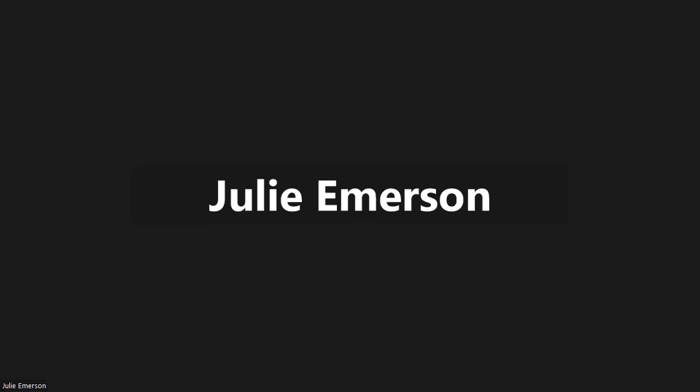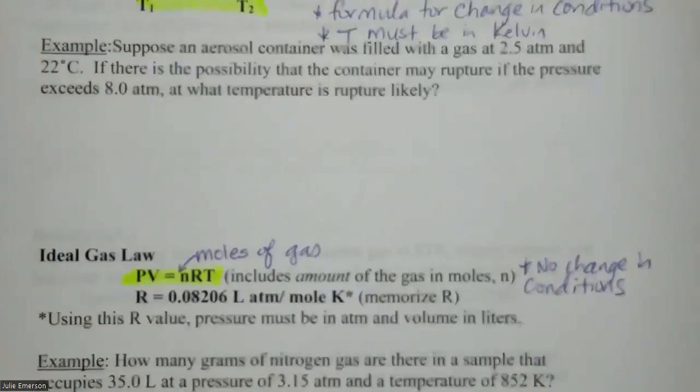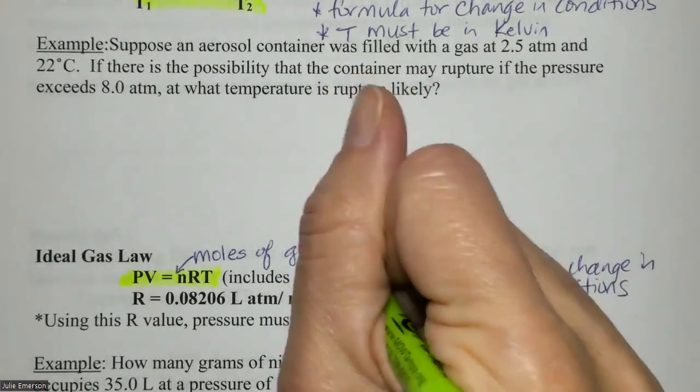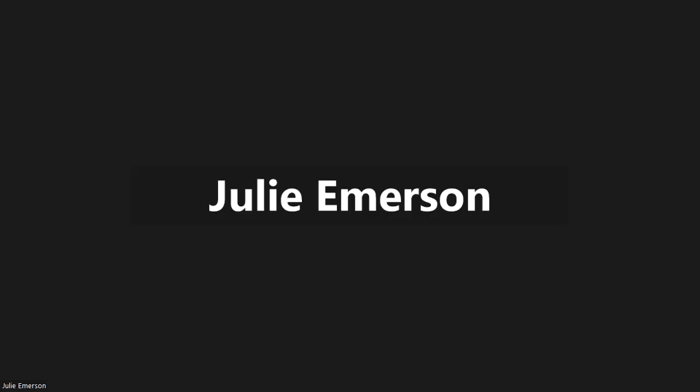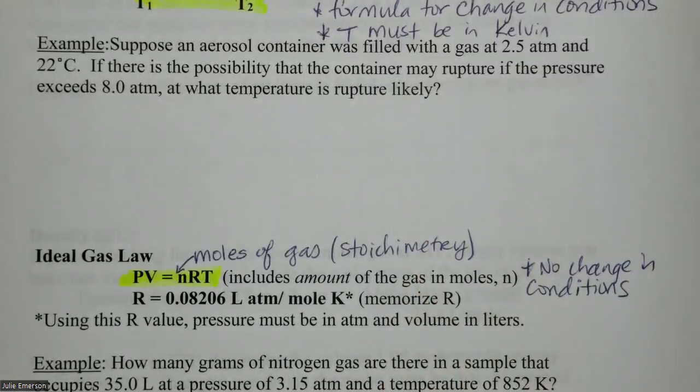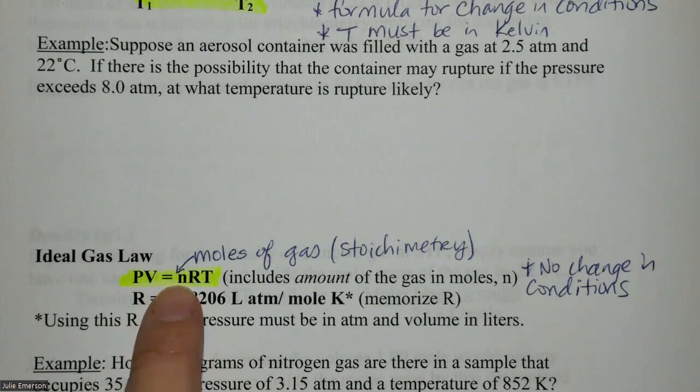So this is going to be our formula if we're going to do any kind of stoichiometry. If we're going to go through the mole ratio and compare moles of A with moles of B, then we're going to look at stoichiometry. So this is our formula to use for any kind of stoichiometry because it has moles in it.